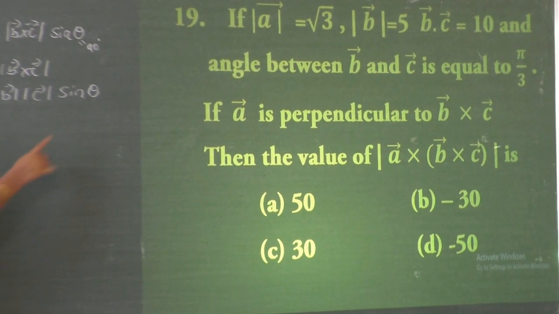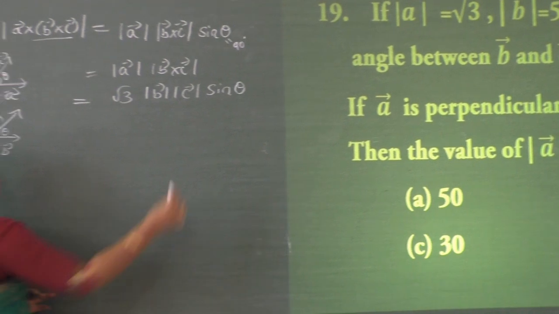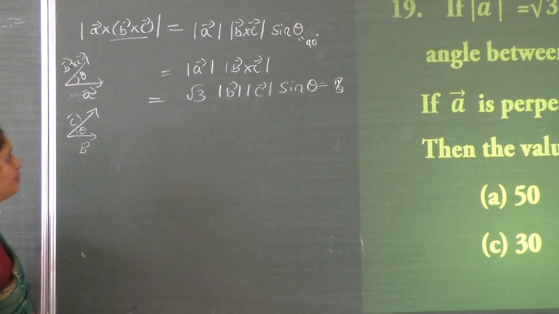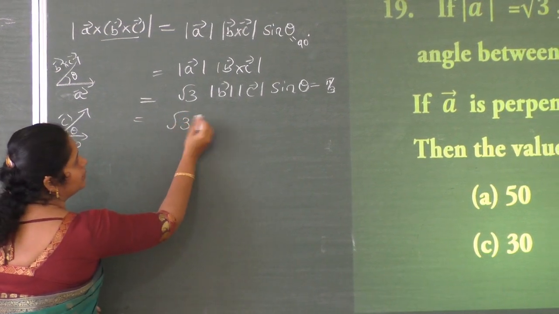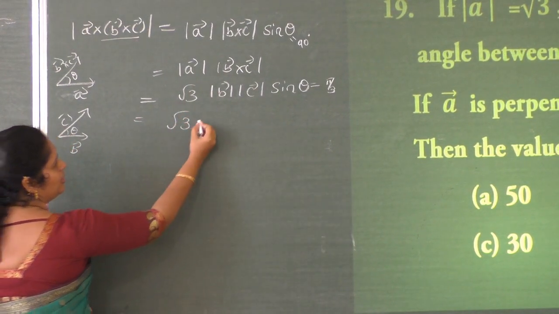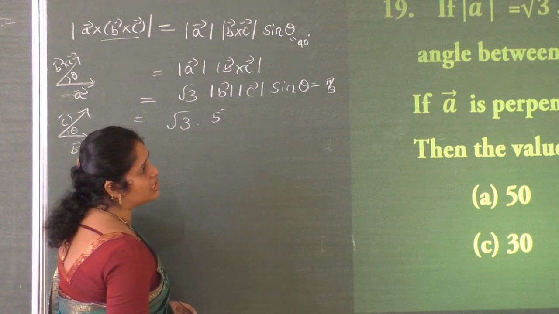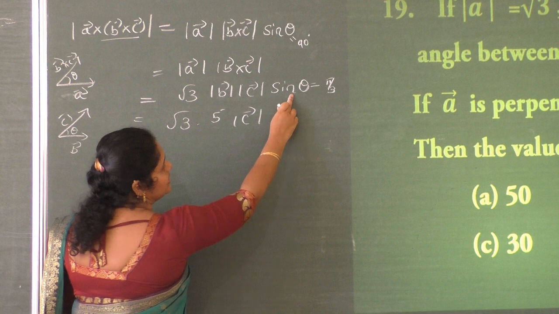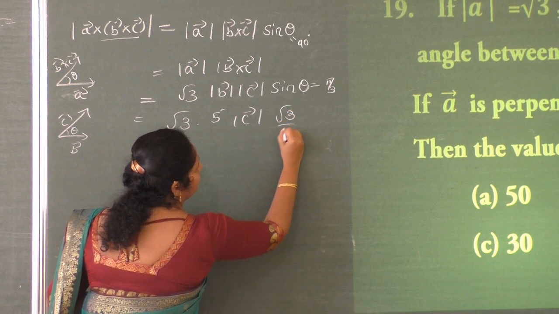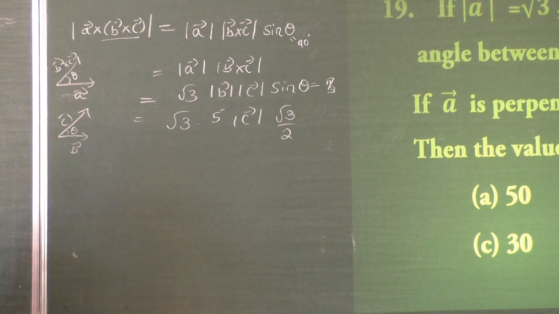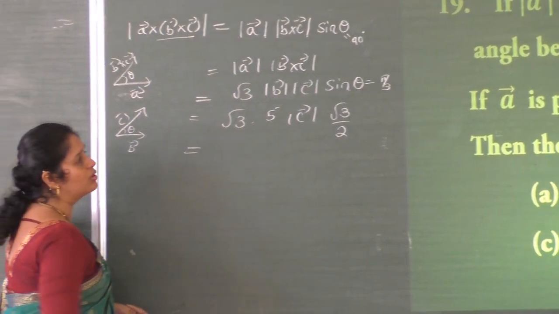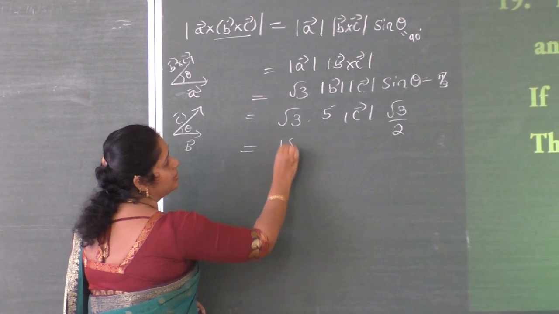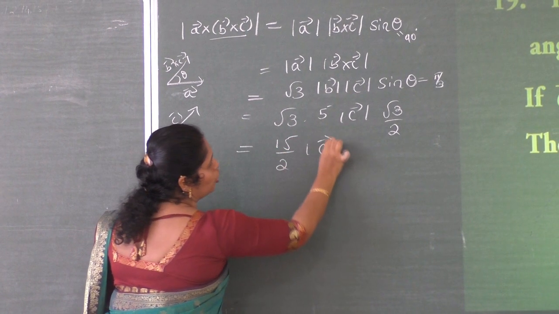So I am writing root 3. What is the magnitude of vector B? 5. What is the magnitude of vector C? That is not given. What is sin 60? Root 3 by 2. Therefore this is equal to root 3 times 5 times root 3 by 2, that is 15 by 2, into the magnitude of vector C.